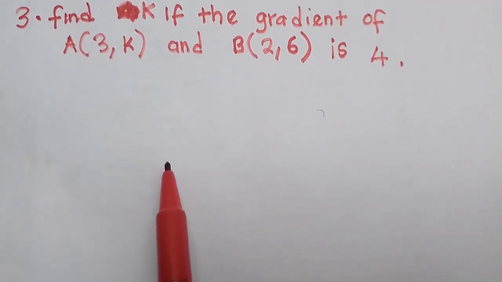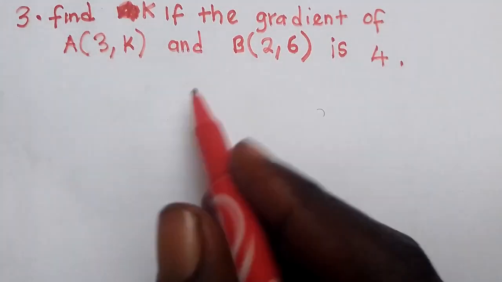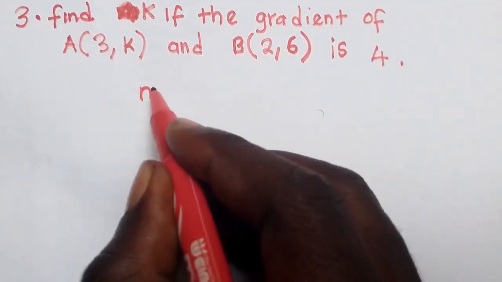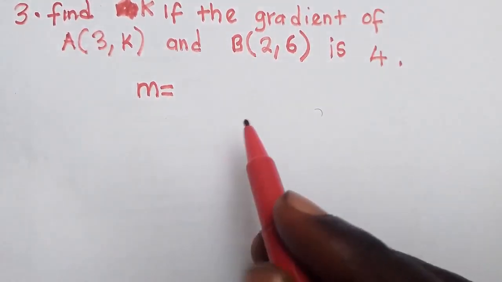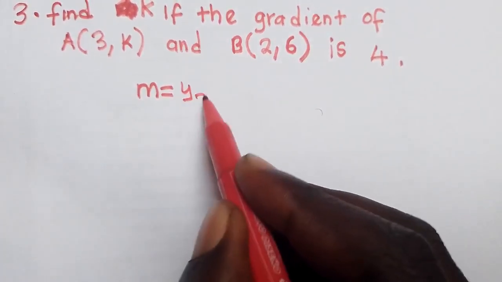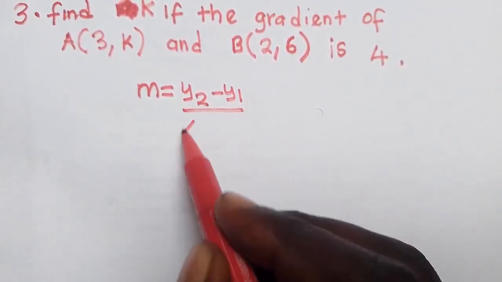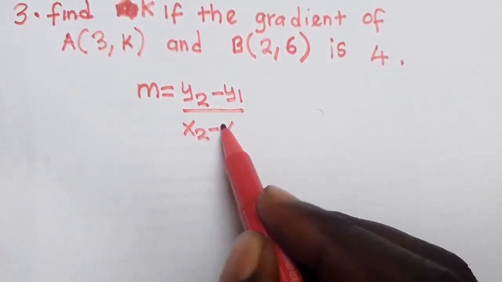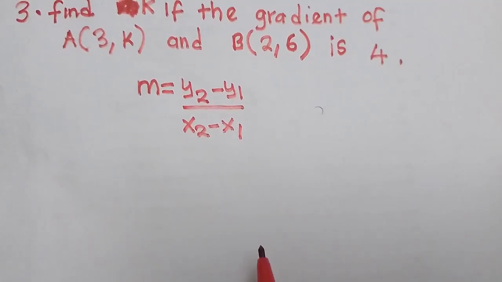This is very simple. You need to know the formula for gradient. We need to learn how to find the gradient. You say gradient is equal to, what's the formula? So let's repeat this together. What's the formula? y2 minus y1 over x2 minus x1. This is the formula for gradient.